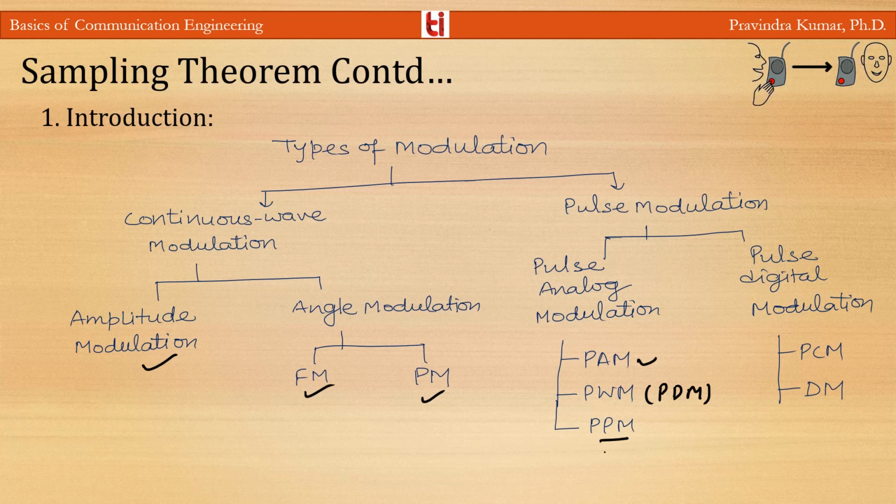These techniques are known as pulse analog modulation, whereas pulse code modulation, delta modulation and adaptive delta modulation are known as pulse digital modulation.